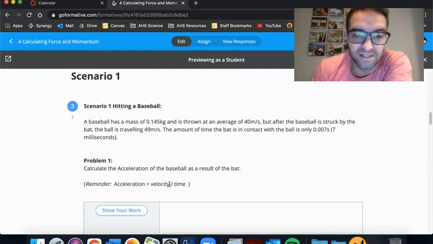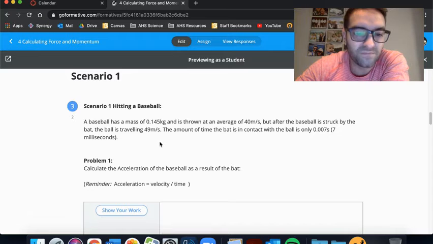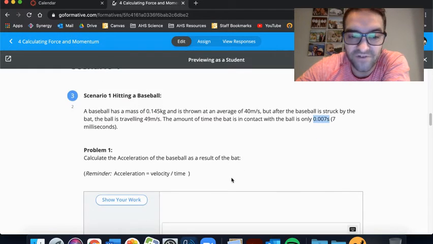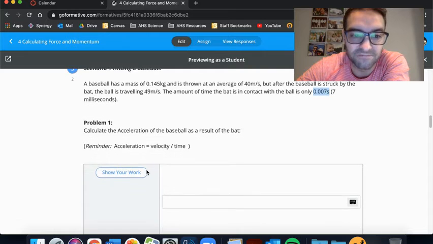So again, keep in mind, if you're doing that, the starting value is going to have a velocity of 0. Okay? And then it's going to be accelerating to the velocity at the end in this amount of time. So you have the values there to solve for acceleration.